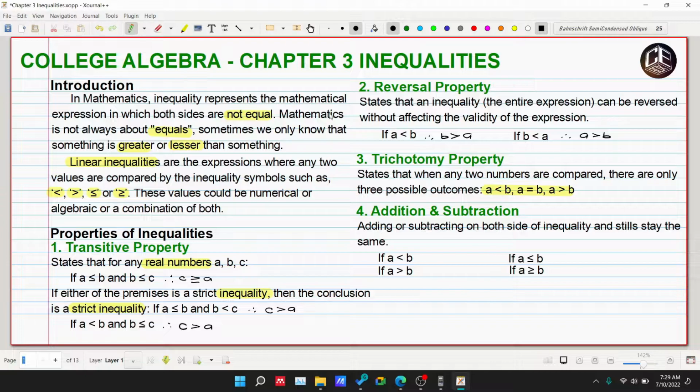Number 4, addition and subtraction property. Okay, so importante ito. Adding or subtracting on both sides of an inequality, and it's still the same inequality. Okay, or it's still the same.